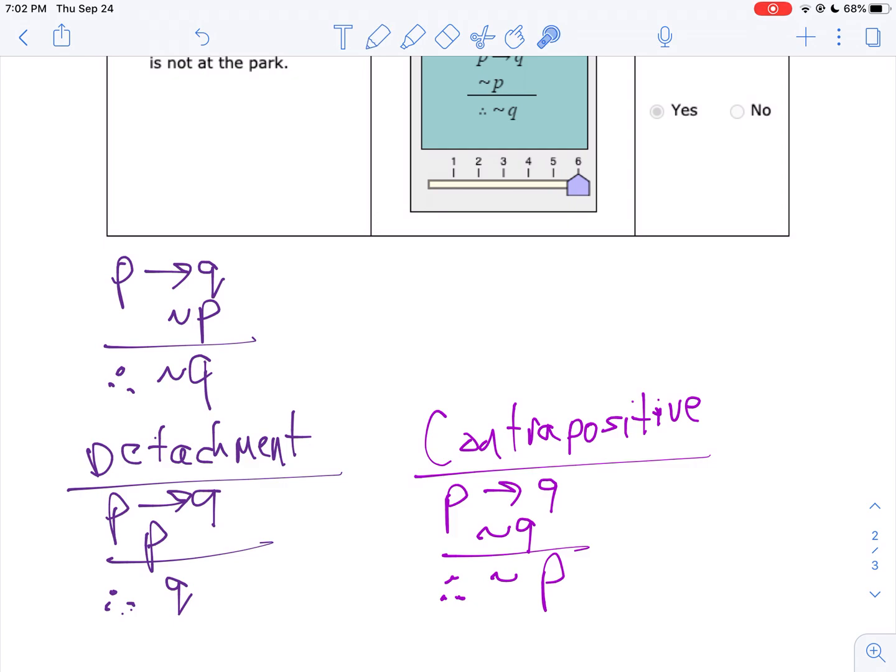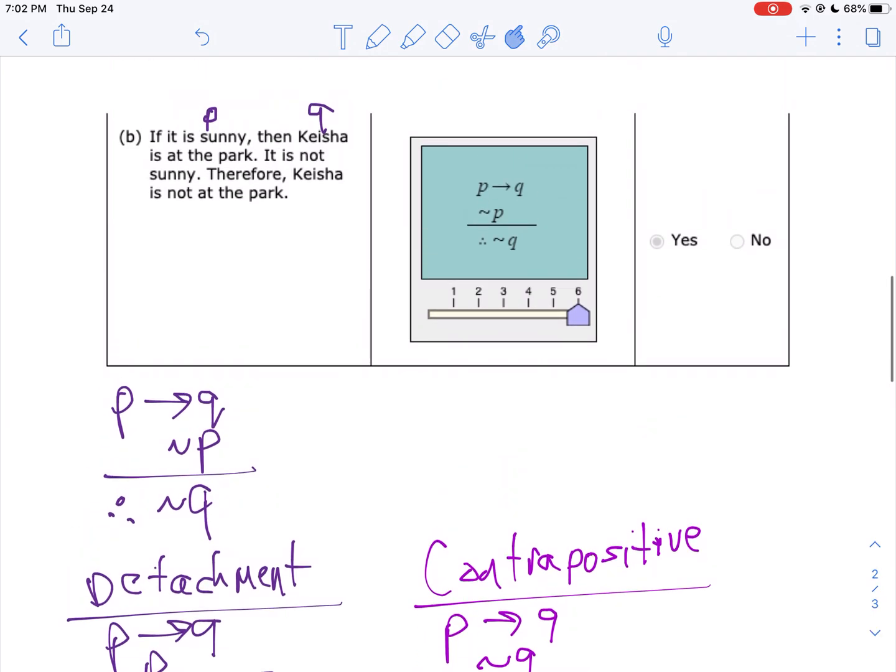Notice, these are the only possibilities. Just because P doesn't happen doesn't mean Q isn't going to happen. So if it's not sunny, that doesn't mean Keisha isn't going to the park. She could choose to go to the park. That's fine.